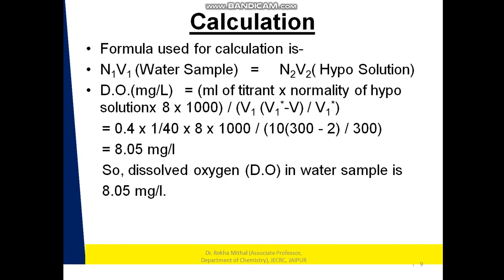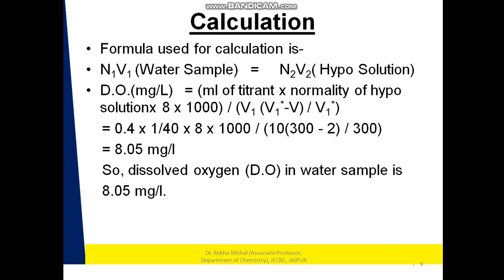Now we do the calculation. We have already done the titration. So the observation, that is the 0.4 ml, we have to put in the formula. 0.4 into normality, N by 40, is 1 by 40. So 1 by 40 into 8 into 1000 upon 10 into (300 minus 2) upon 300.